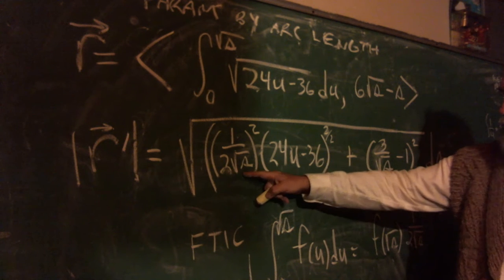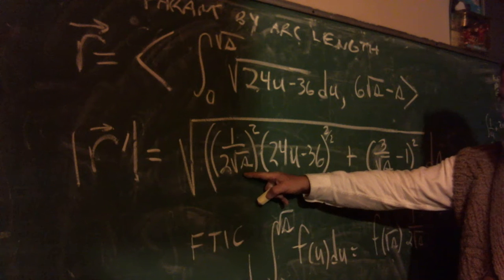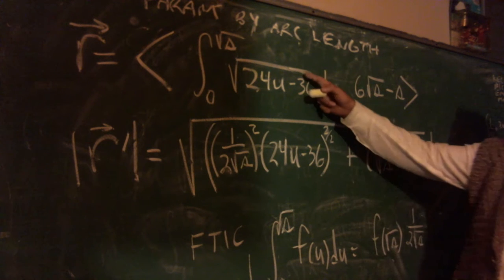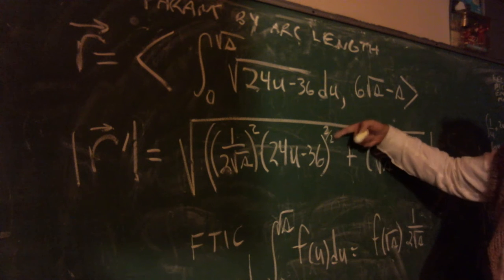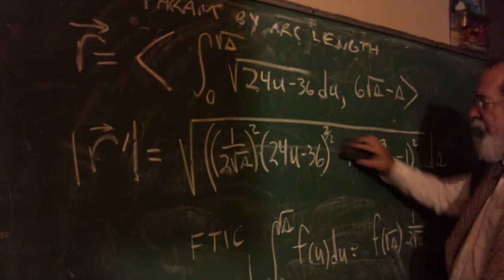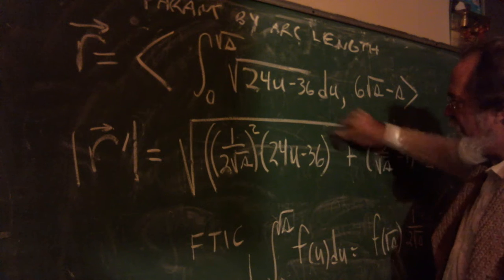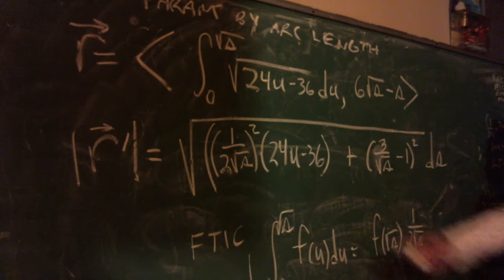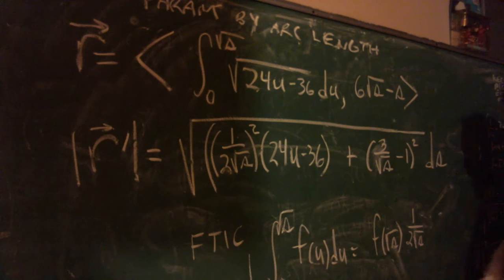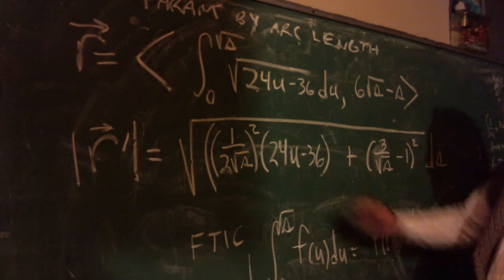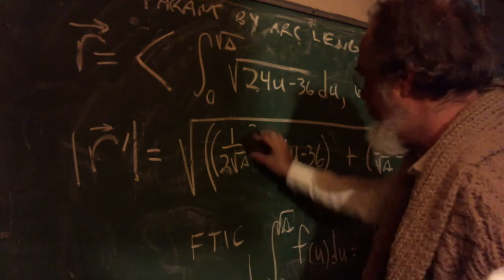That 1 over 2 square root of s is the chain rule piece. It gets squared. And then this square root pops out like toast, and it gets squared. So that's a 2 over 2 power. That 2 over 2 power is a 1. So I don't have to write that in. And this becomes just a 1 over 4s right there. So if you don't mind, I'm going to do the 1 over 4s thing right in this spot.